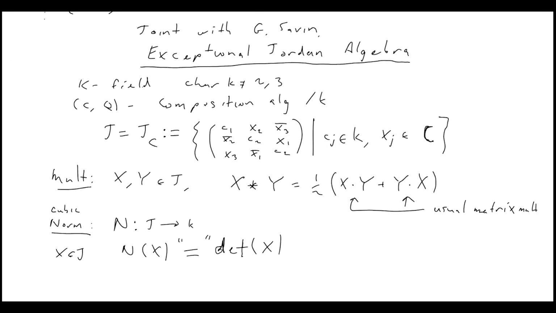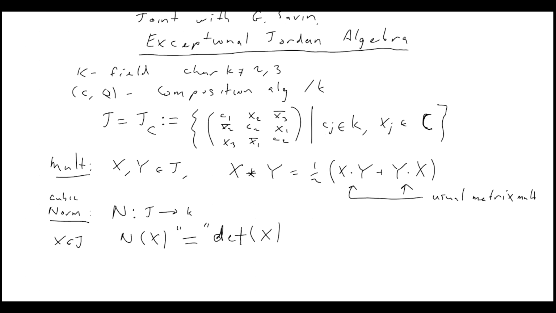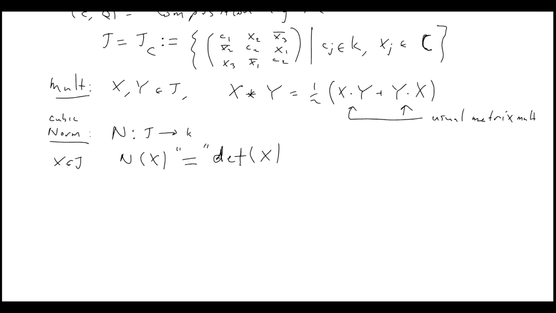It looks very much like the usual determinant for a 3x3 matrix. Okay, we won't need the formula, so let's skip that. And I also want to say that this is multiplicative, just like the determinant.